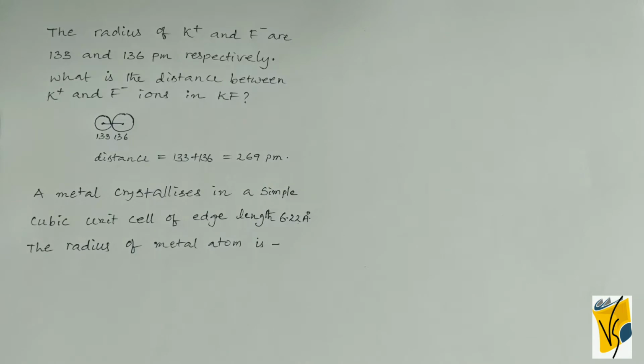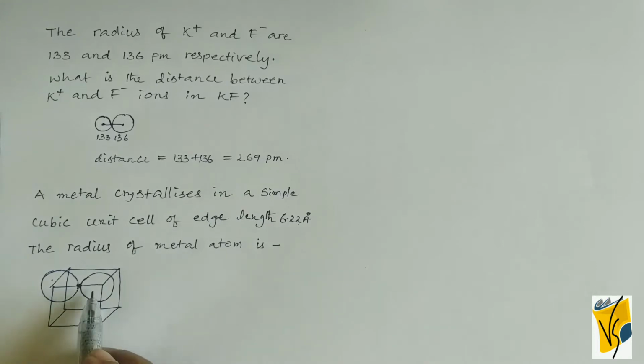A metal crystallizes in a simple cubic unit cell of edge length 6.22 angstroms. What is the radius of metal atom? So that is the question, and we know in simple cubic unit cell there are 8 lattice points, and the atoms will be touching each other along the edge like this.